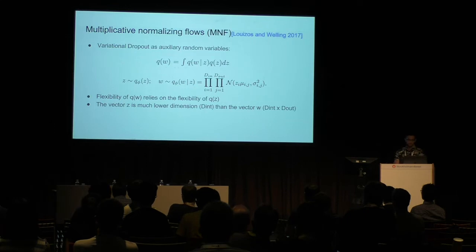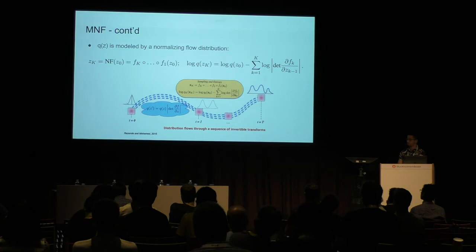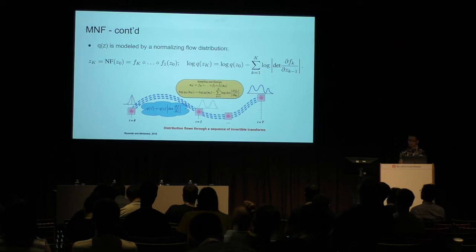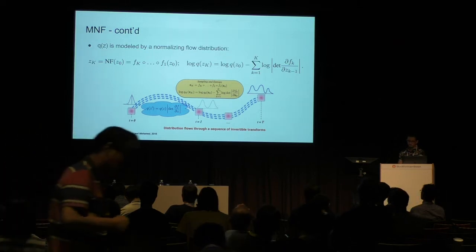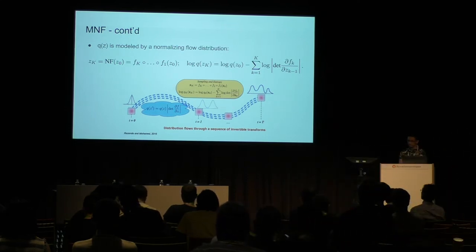The flexibility of the distribution over W relies on the flexibility of Z, and the trick here is that Z is of much lower dimension than the vector W, so we can allow ourselves, for example, to use normalizing flow to model the distribution over Z. Normalizing flow is a family of invertible transformations for which the determinant of the Jacobian can be computed efficiently.